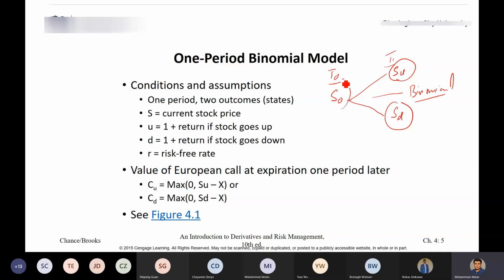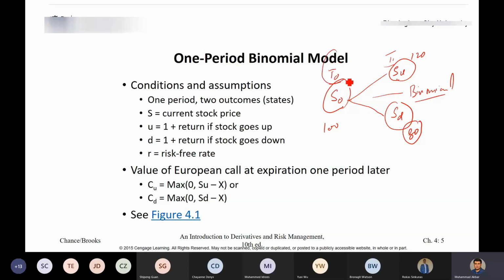In the same way, for a stock, if it is trading in the morning at, let's suppose, 100, and we assume a one period world, what is possible is that at the end of the day it is up, let's suppose 120, or it is down, let's suppose 80. So there are two possibilities.